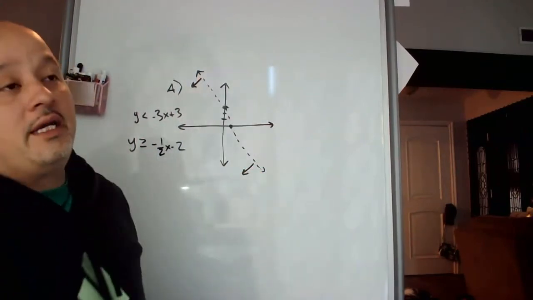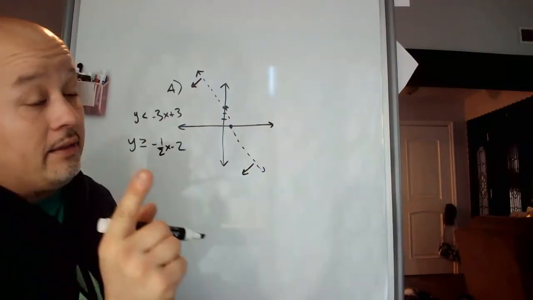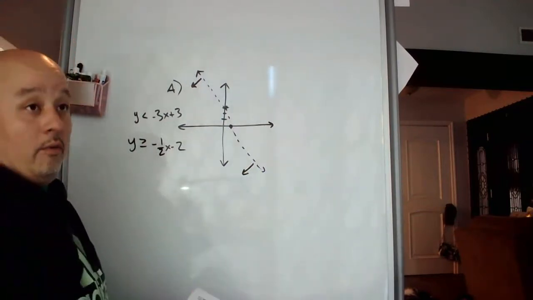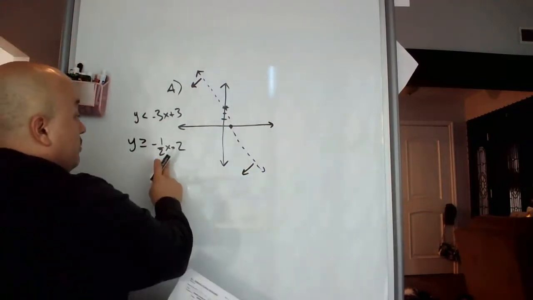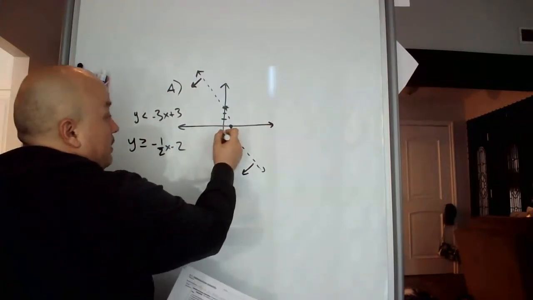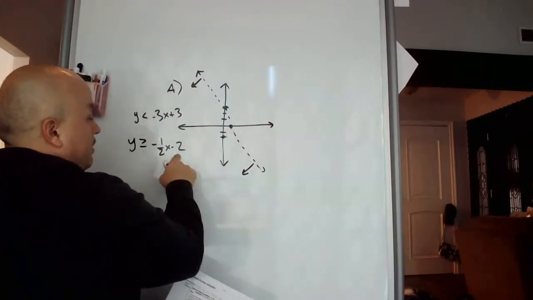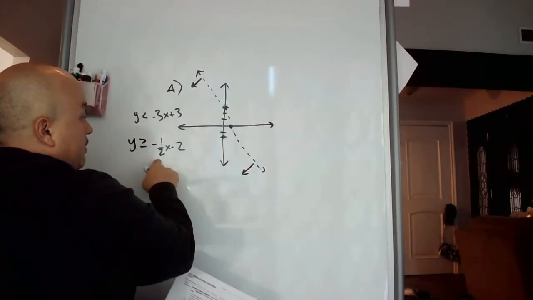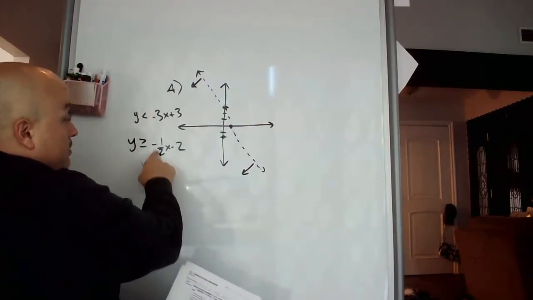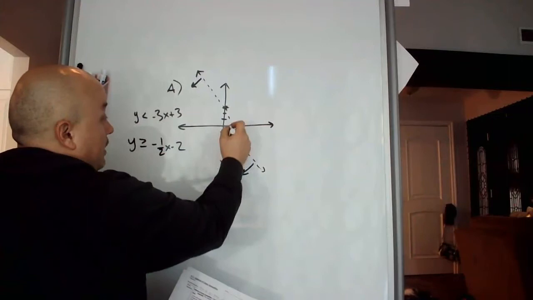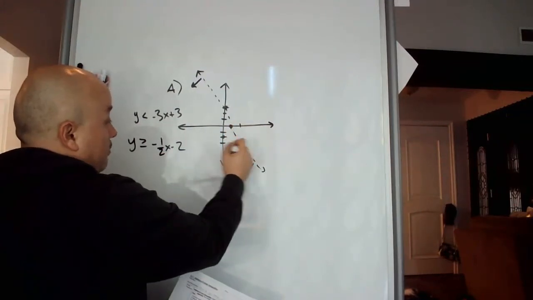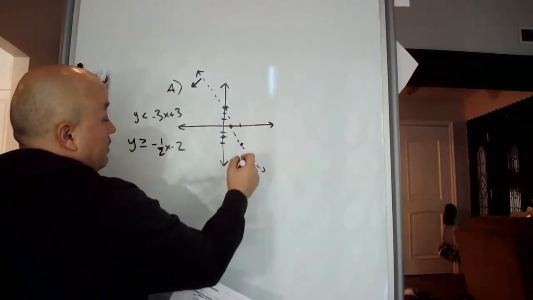So instead of shading below, I'll use arrows to remind me when I'm ready to shade, which is after the second line. So the second line is begin at minus 2, then the movement after that, right? Begin and move is negative 1/2, so down 1 and 2 to the right. Down 1, 2 to the right here.